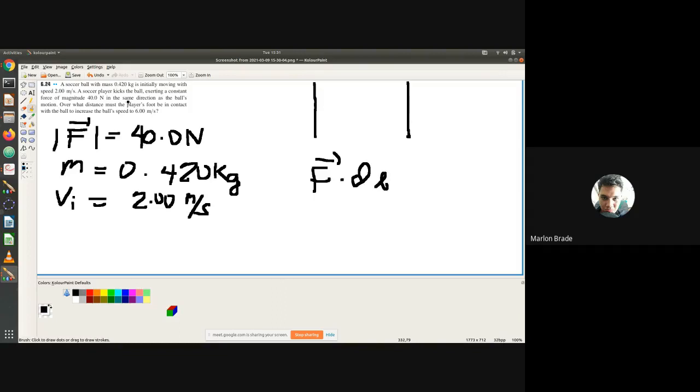Iyang i-advance, gamay? I don't understand the problem. Over what distance must the player's foot be in contact? Mag-extend ko sa tiil, sir.